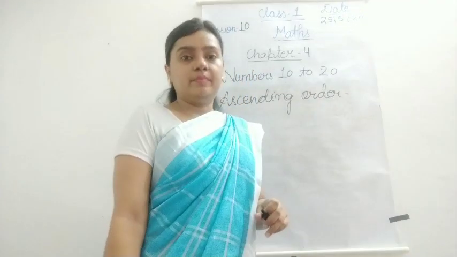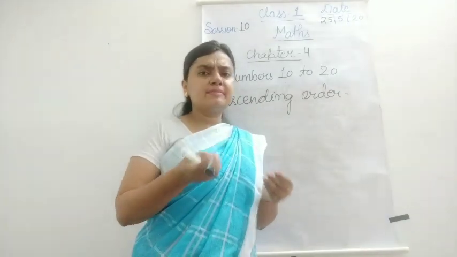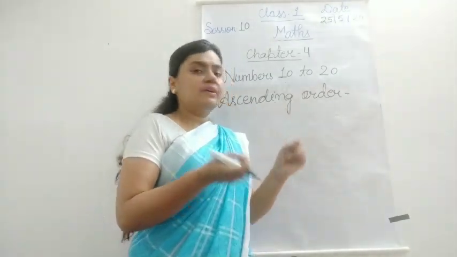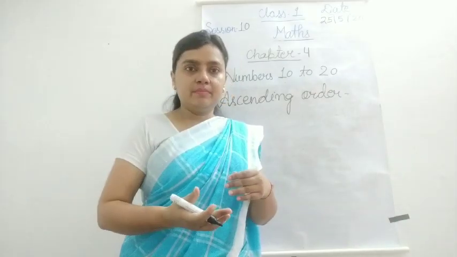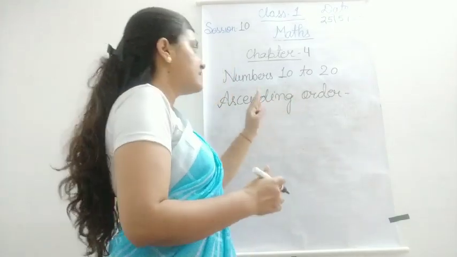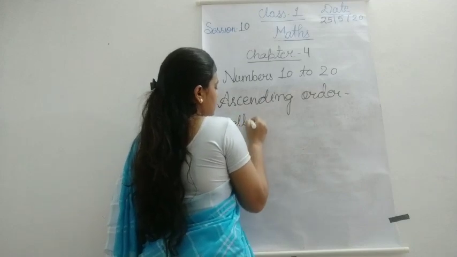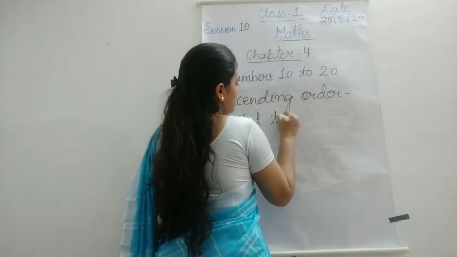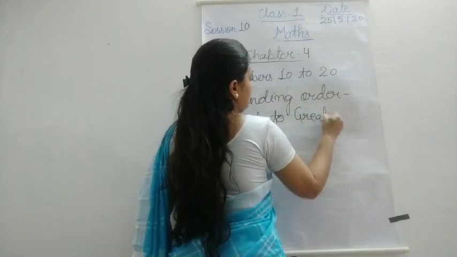Ascending order. In this, what do we have to do? First of all, what is meant by ascending order? The word which I say, you will repeat with me. Ascending means smallest to greatest.